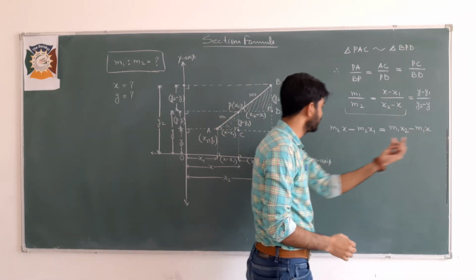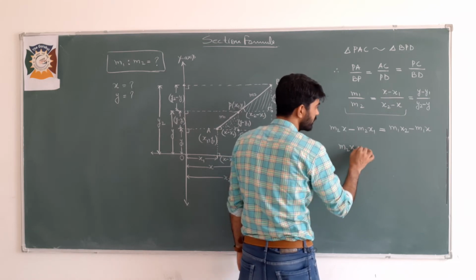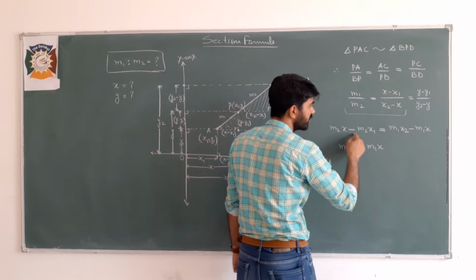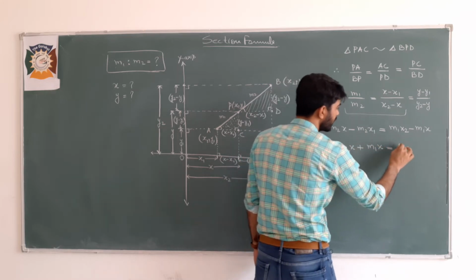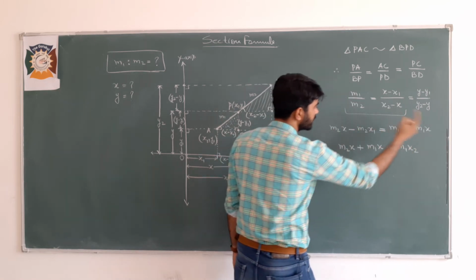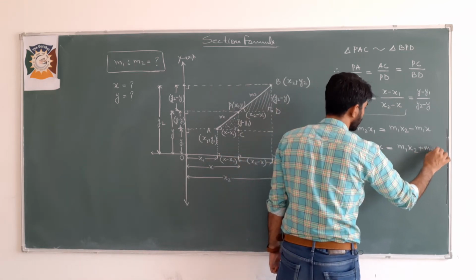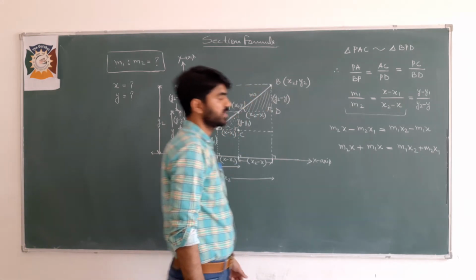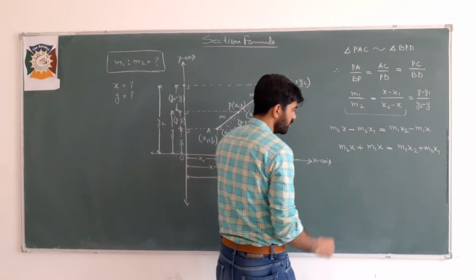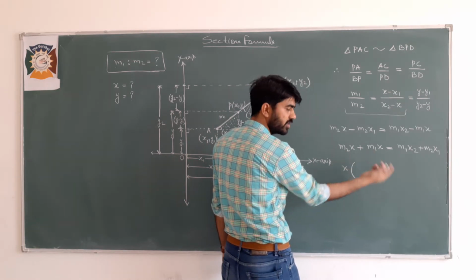I bring this m1 this side, so it will be m2 into x plus m1 into x. This will come this side and become positive, is equal to m1 into x2, and this will go that side, it will become positive, plus m2 into x1. Okay. Now if I take x common from here, what is left? m2 plus m1 or m1 plus m2.